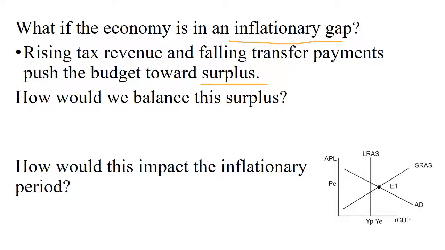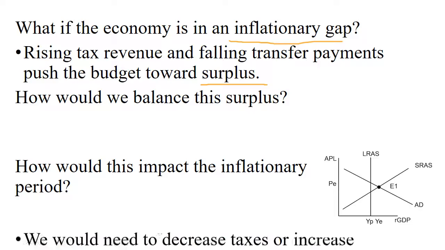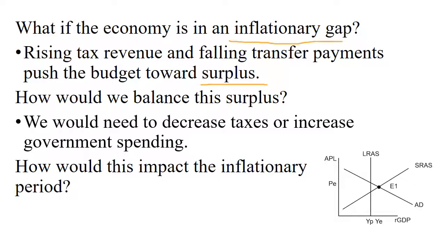So if the goal is to balance the budget and to get rid of the surplus, you could decrease taxes or increase government spending. And both of those would balance the budget, but let's see what they would do to our inflationary gap. If you decrease taxes, people have more disposable income and more money left over to spend, which would shift AD to the right.